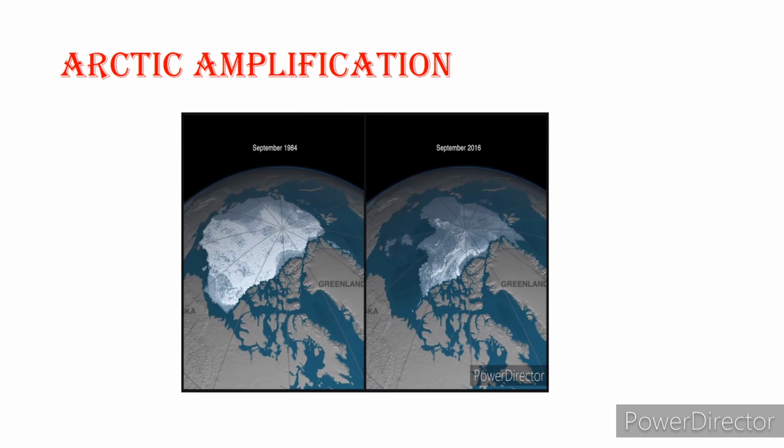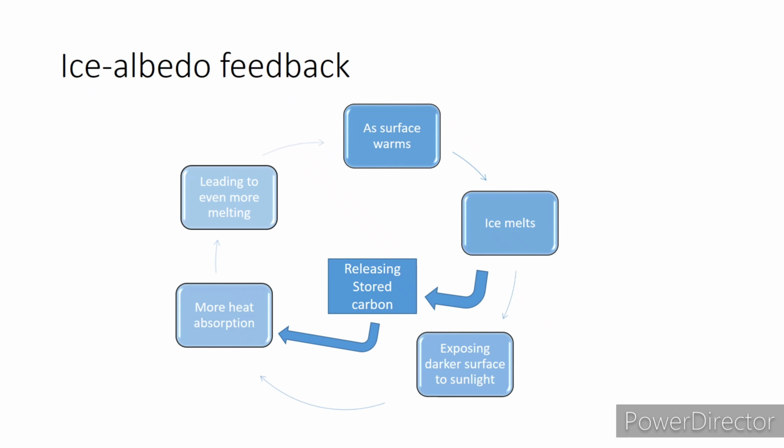We can also explain these changes in Arctic sea ice by a positive feedback loop, that is Ice-albedo feedback, which is a vicious circle amplifying the changes. Like when the surface warms, ice melts, and this melting ice releases stored carbon and also exposes a darker surface to sunlight.